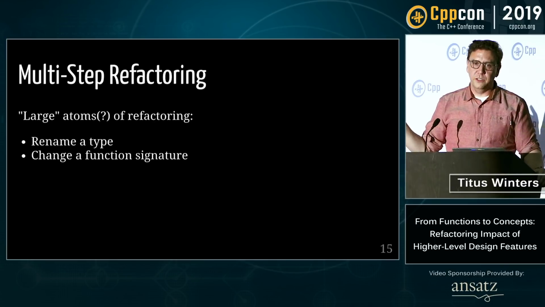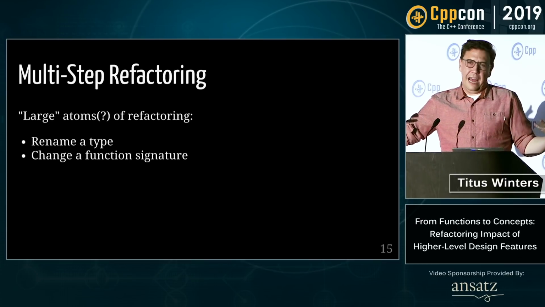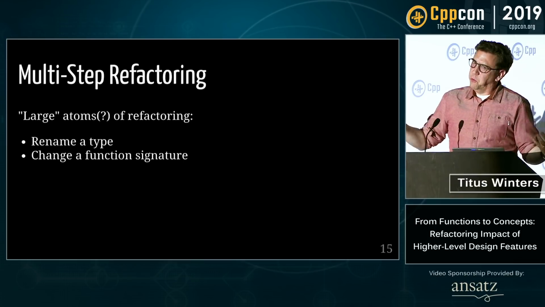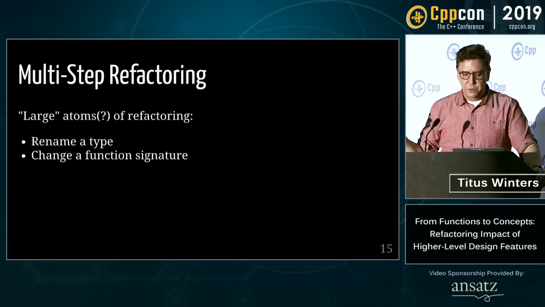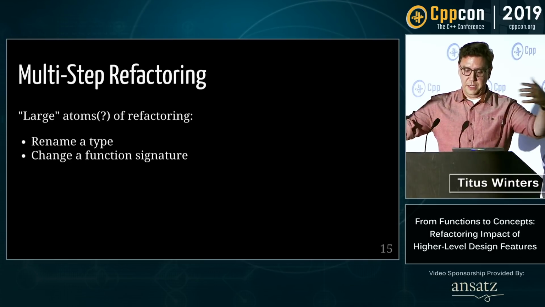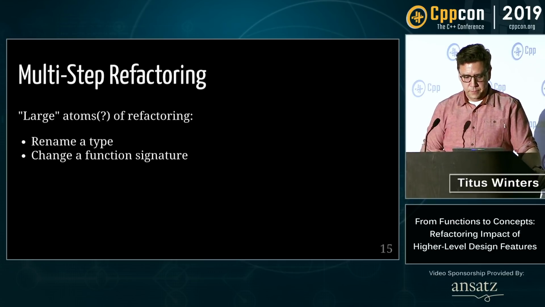Renaming a type, changing a function signature, right? These inherently have a larger atom size, or maybe they're molecules. I don't know, we're working out the terminology as we go here. But if you're looking into multi-step refactoring, especially for Google sorts of reasons, just because you have a big scale problem, these are the ones that you're going to lose access to early on.